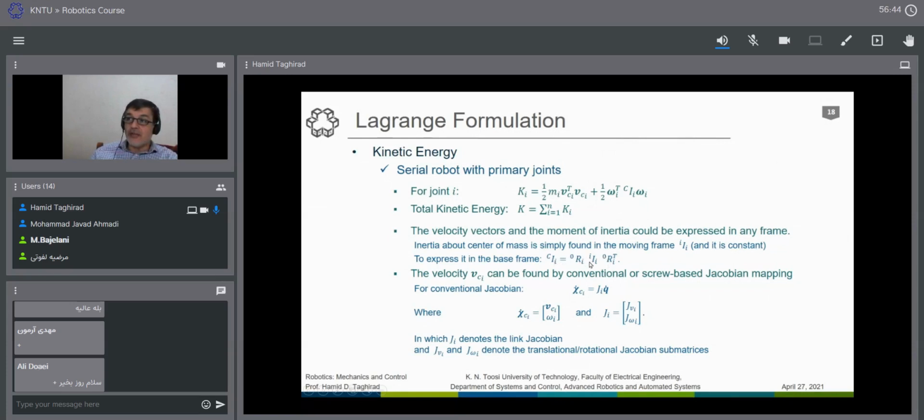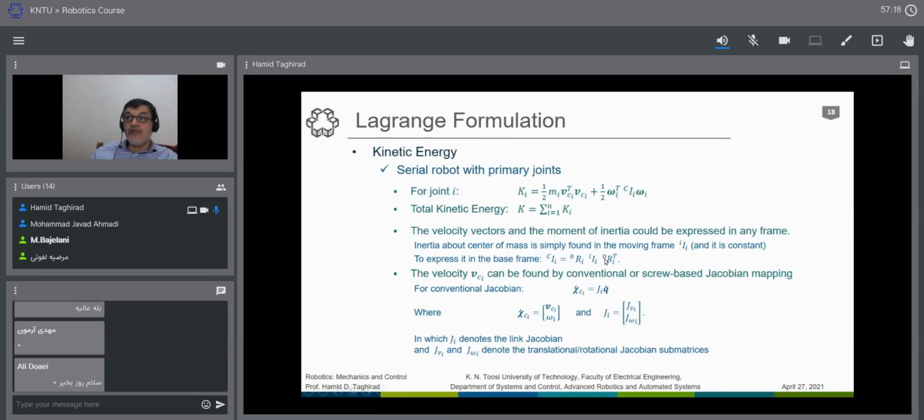So from the i frame you can go to the zero frame. We consider usually this I with respect to C, not with respect to the frame C, but to the point C, the center of mass, with respect to the zero frame, as you can see here.